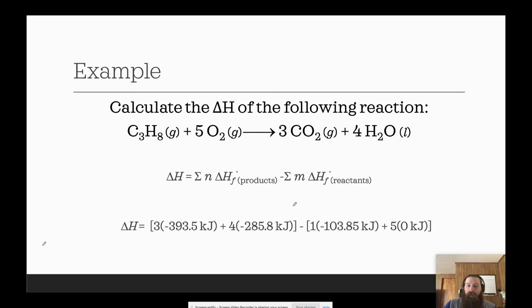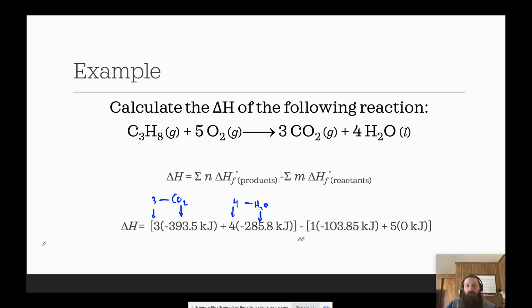So let's break down this math. This is the enthalpy of formation of, oh, no, sorry, of CO2. Geez, products on the left. There's CO2, and here is the enthalpy of formation of water. There's its coefficient, 4 H2O, 3 CO2.